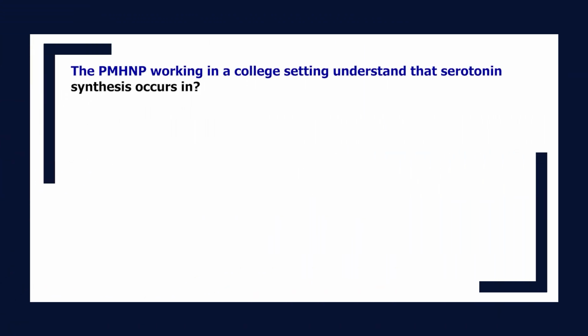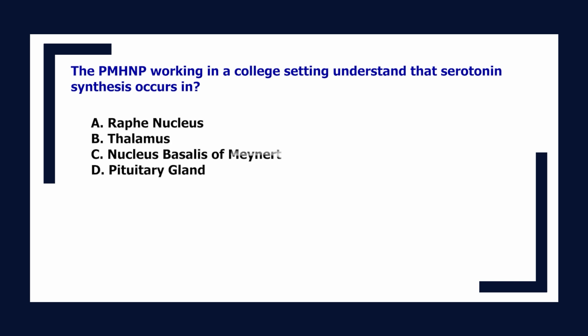The PMHNP working in a college setting understands that serotonin synthesis occurs in: A. Raphe nucleus. B. Thalamus. C. Nucleus basalis of Meynert. D. Pituitary gland. The answer is A. Raphe nucleus.